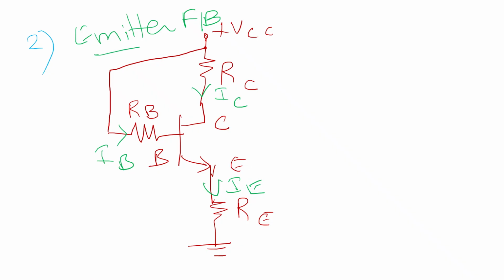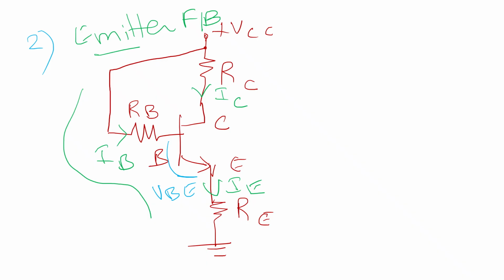Now we'll try to find the value of IB. We are going to apply KVL in this loop. The drop across IBRB, the voltage drop across VBE, and the drop across IERE.